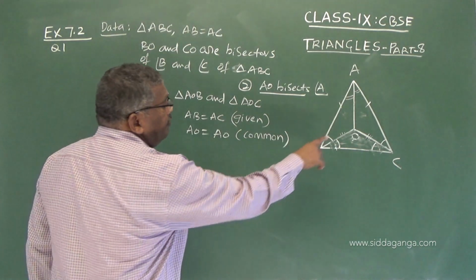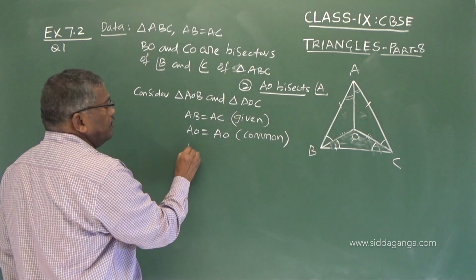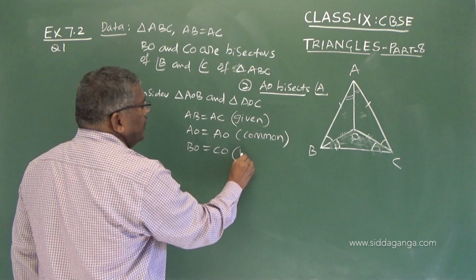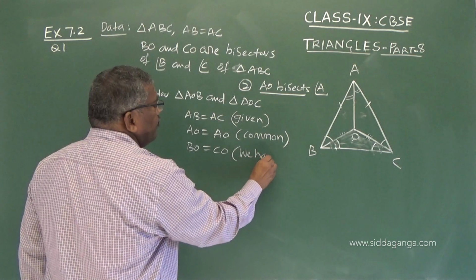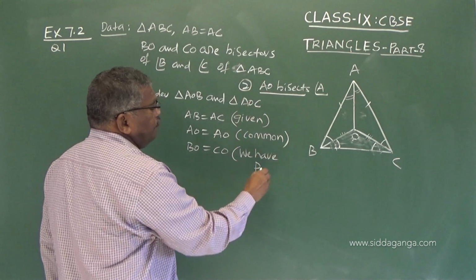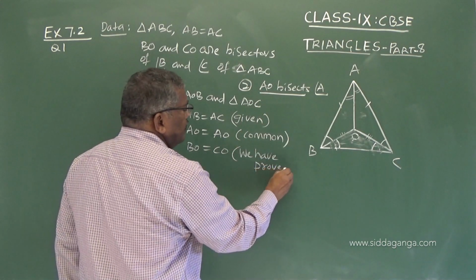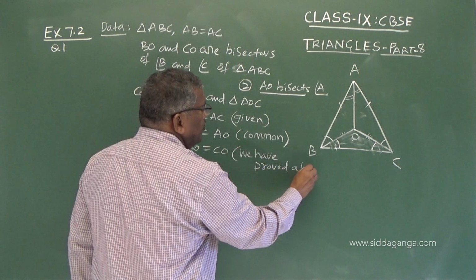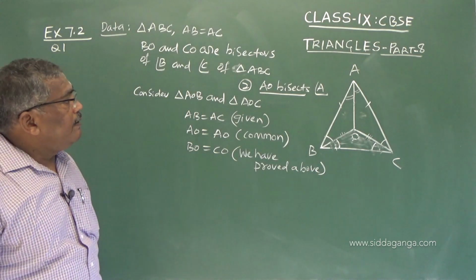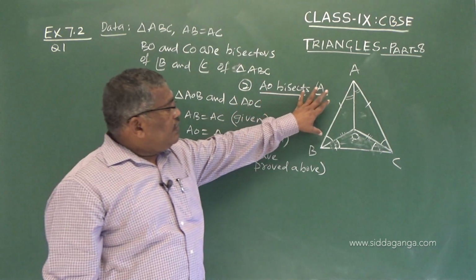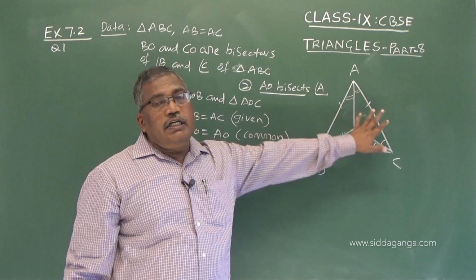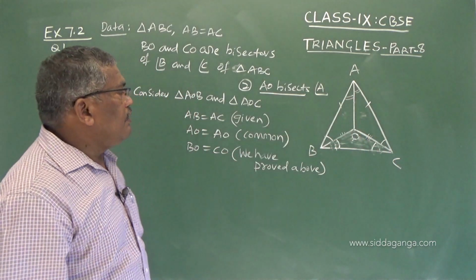Now, BO equals CO, we have proved in the first part of this problem above. So now, see, three sides of one triangle are exactly equal to three sides of the other triangle.